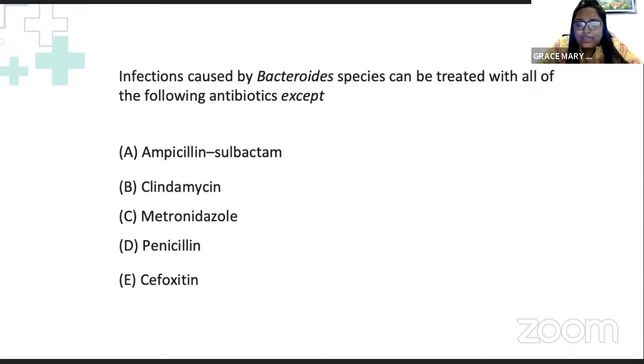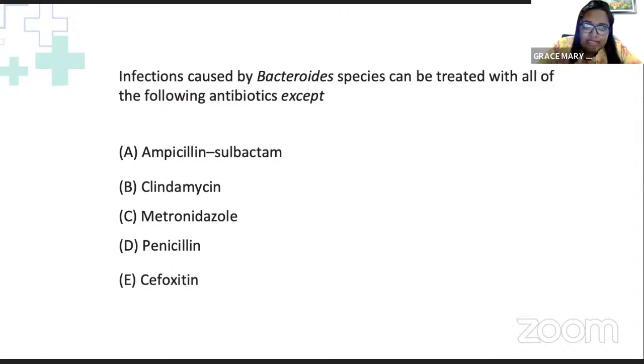That is the reason why most of the antibiotics of choice to treat anaerobic infections include a beta-lactamase inhibitor. So ampicillin-sulbactam includes a beta-lactamase inhibitor. Clindamycin and metronidazole are among the commonest antibiotics that you use for an anaerobic infection. Penicillin you cannot use, because of the beta-lactam, it will be rendered useless.